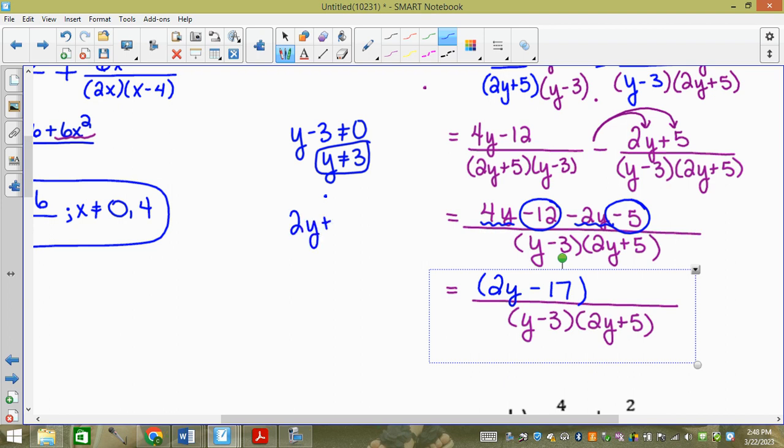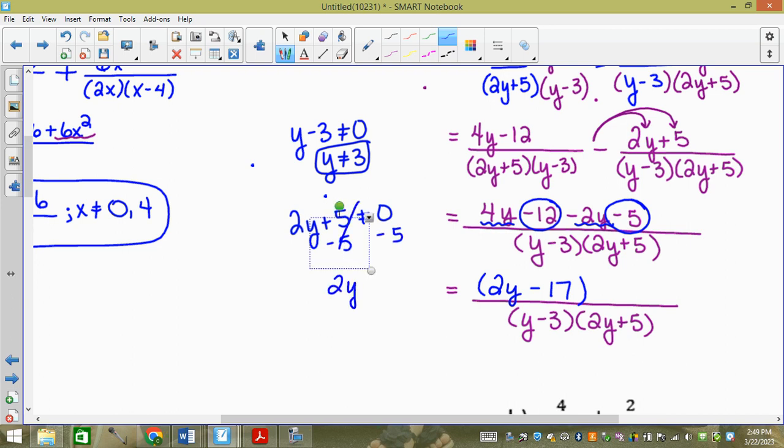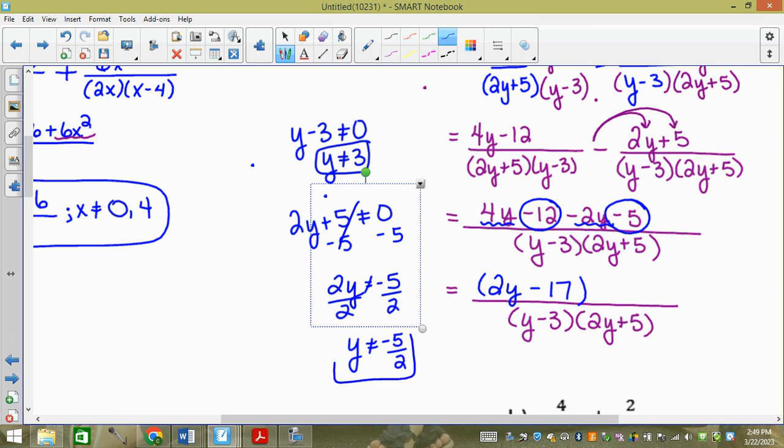Now the people who do this in their head sometimes flip this to be 2 over 5, which is not what it is. So I never flip it, or I never just do it in my head. I'm going to subtract the 5. And I get 2y equals negative 5, or can't equal. And then I divide by 2. Y can't equal negative 5 halves. And I follow behind with that.